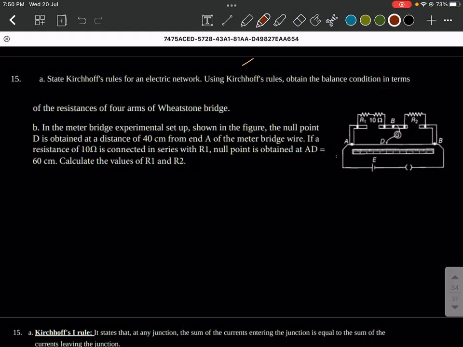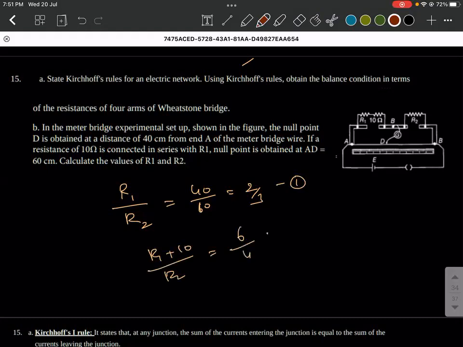So before the series resistor, R1 by R2 will be equal to how much? 40 by 60 or 4 by 6 or 2 by 3. Similarly, R1 plus 10 divided by R2 is how much? 6 by 4, that is 3 by 2.